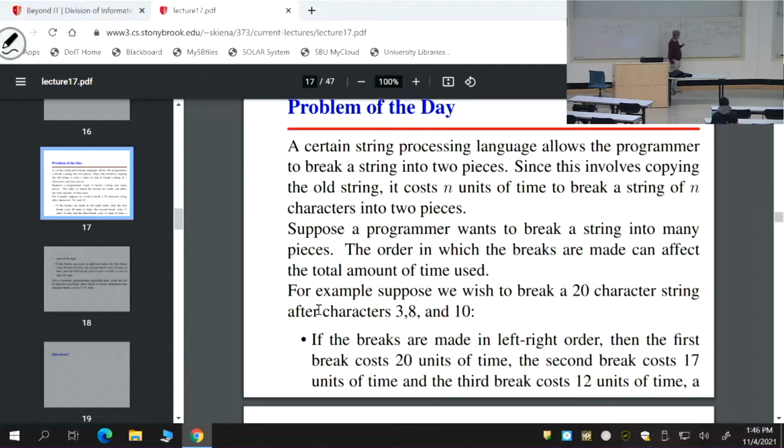We have a string where n is the highest index. N is not going to be the length of the bar. N is going to be the number of cuts. How big is my table going to be? N by n. Does everybody see that the first argument can go between 0 and n?